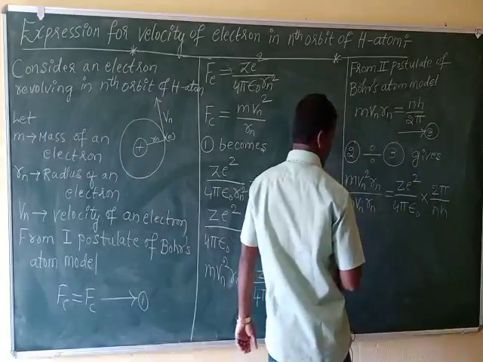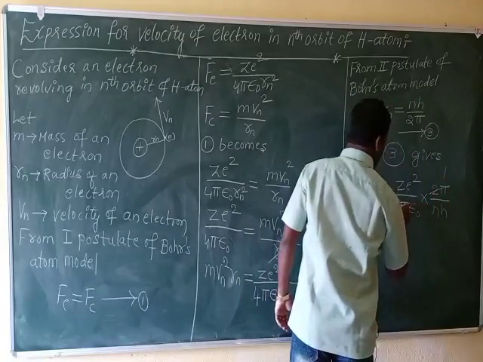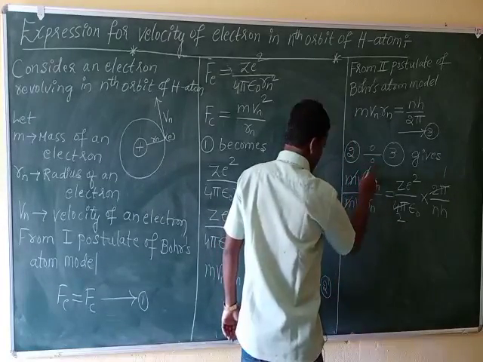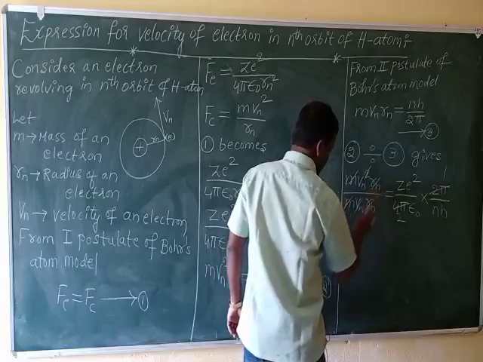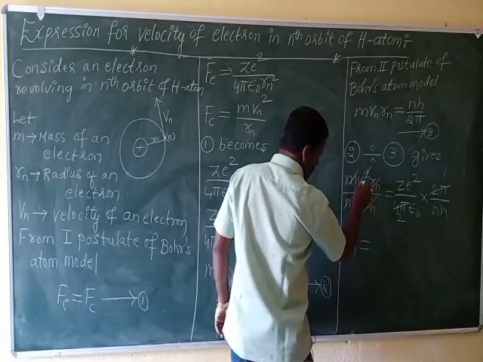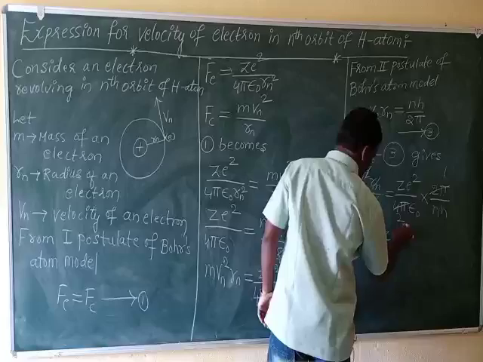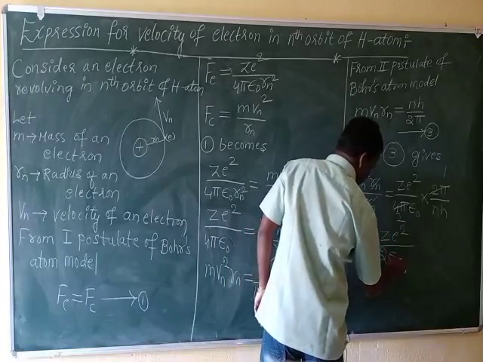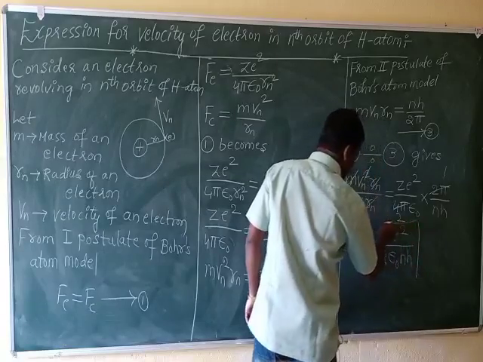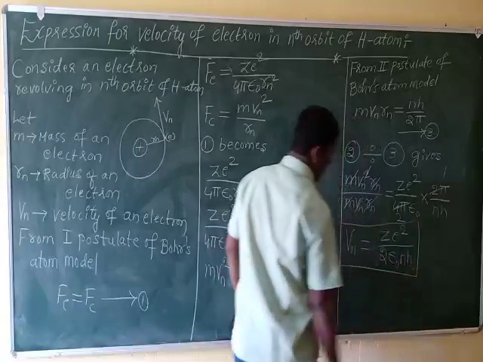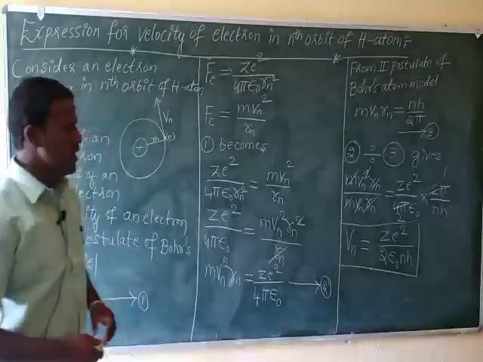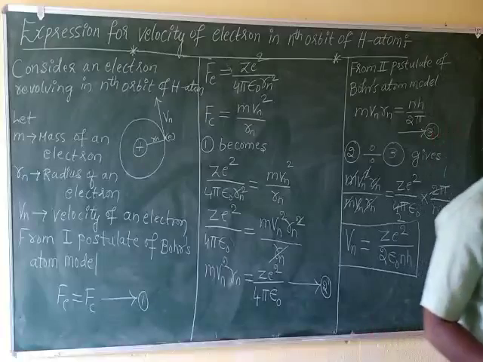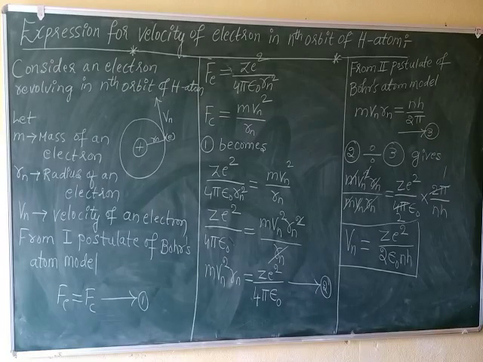The 2 pi and the m and Rn cancel, so Vn equals Z square divided by 2 epsilon naught nh.